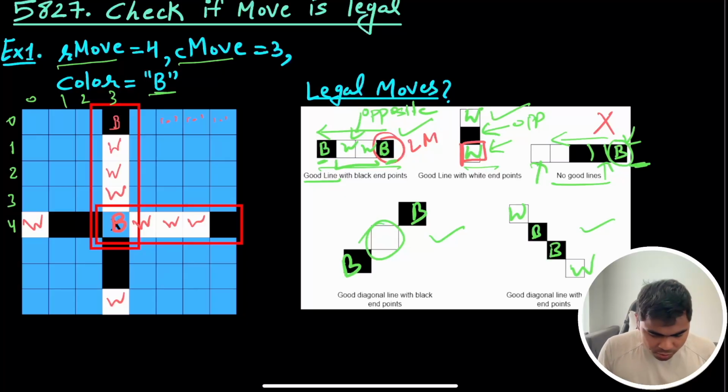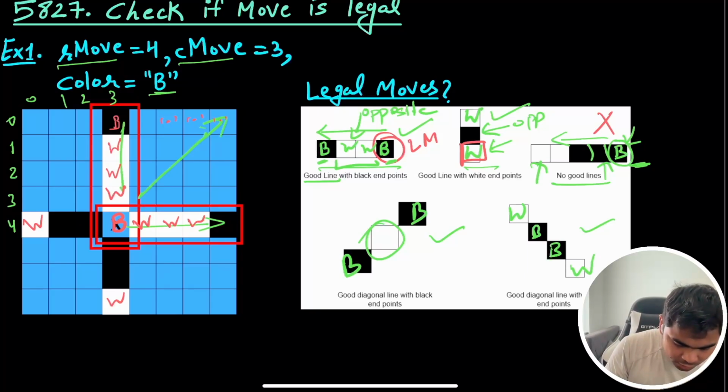So now the whole thing depends on going in all the 8 directions. 8 directions I've already told you. Maybe it's better to use this color at this point. So these are all the 8 directions, and we're gonna go over all the 8 directions to check.